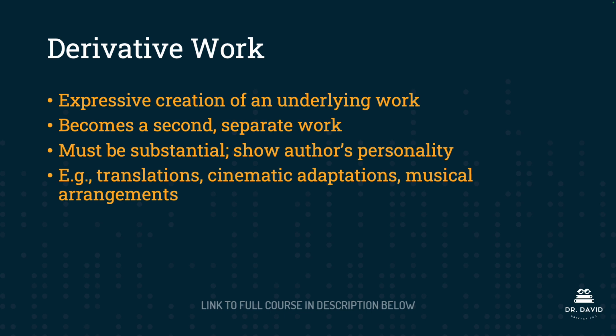The derivative work then becomes a second separate work. In order to qualify as a derivative work, the changes made to the work must be substantial and show the author's personality. Examples of derivative works include translations, cinematic adaptations, and musical arrangements.